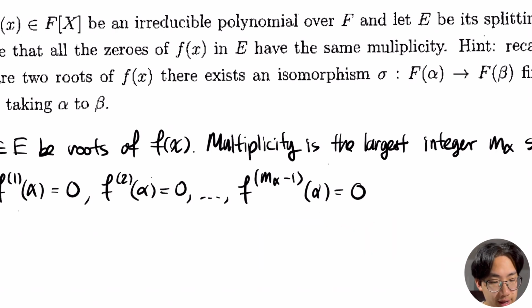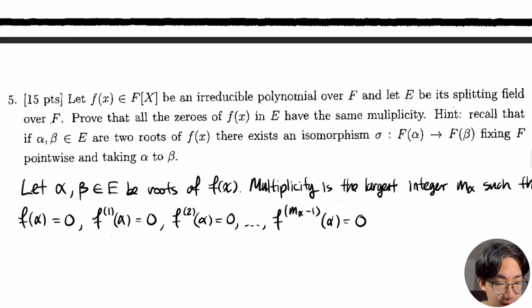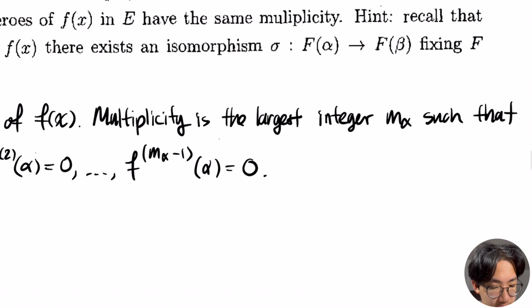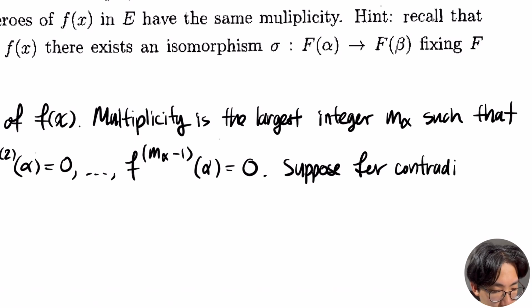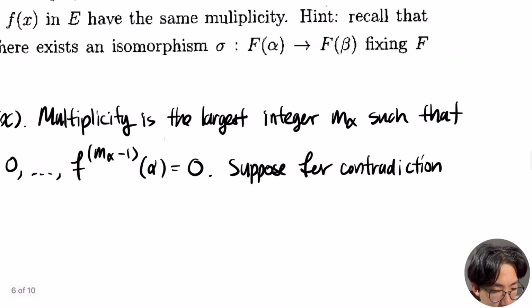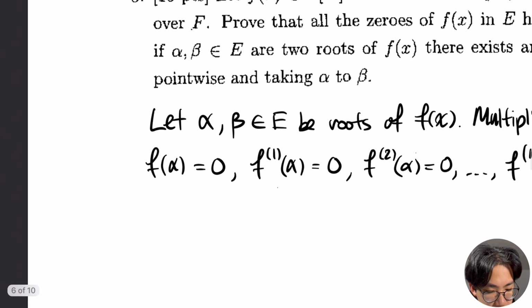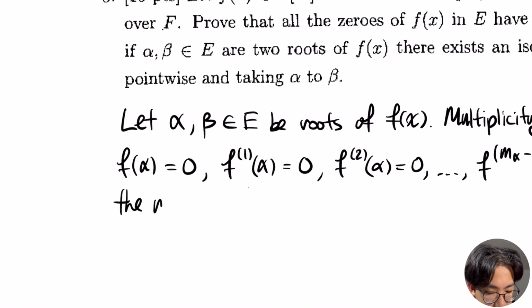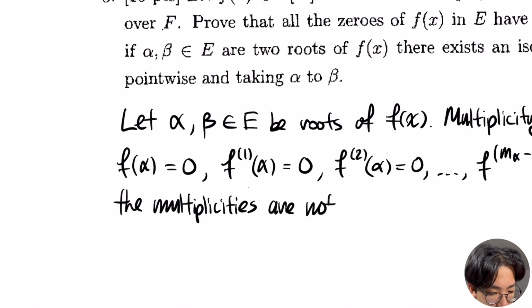So we want to show that all zeros have the same multiplicity, but of course it's a little difficult to show that directly, so we can proceed by contradiction. Here we can suppose for a contradiction that the multiplicities are not the same.